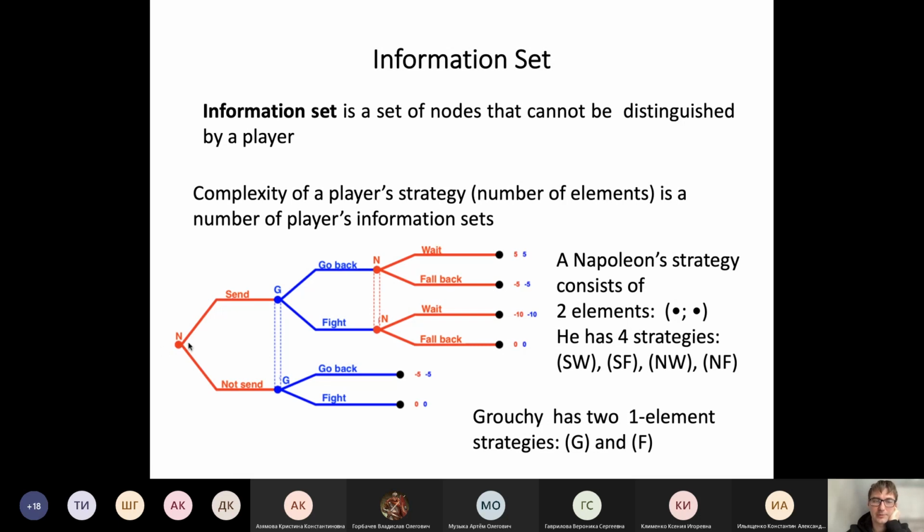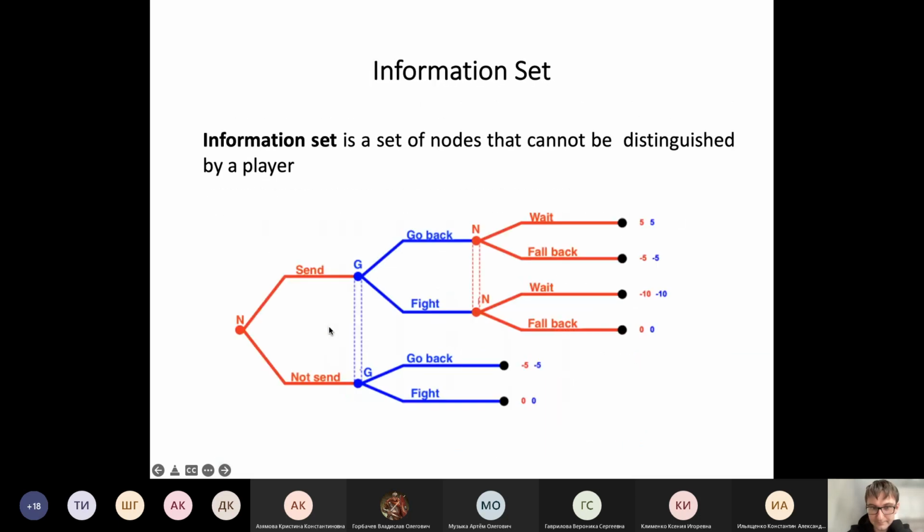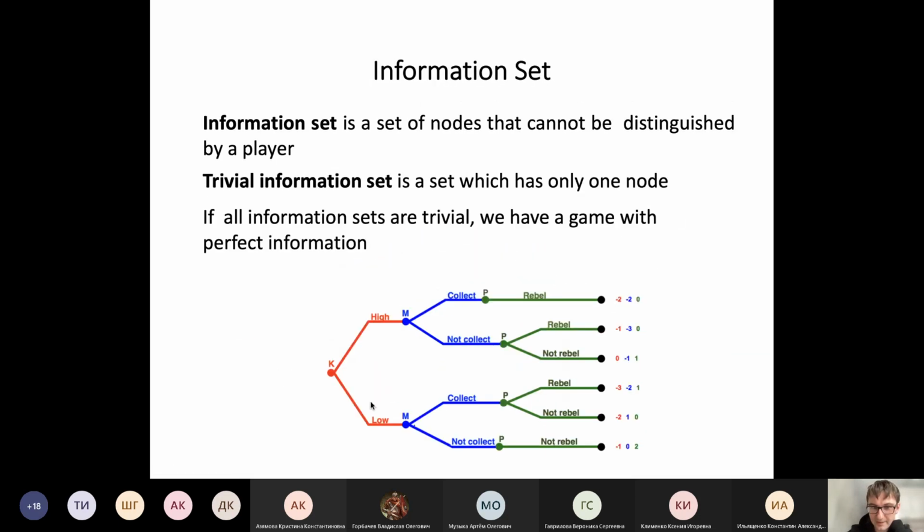For example, this is a perfect information game, right? So here for King, his strategy has just one element, and this element can be high or low.